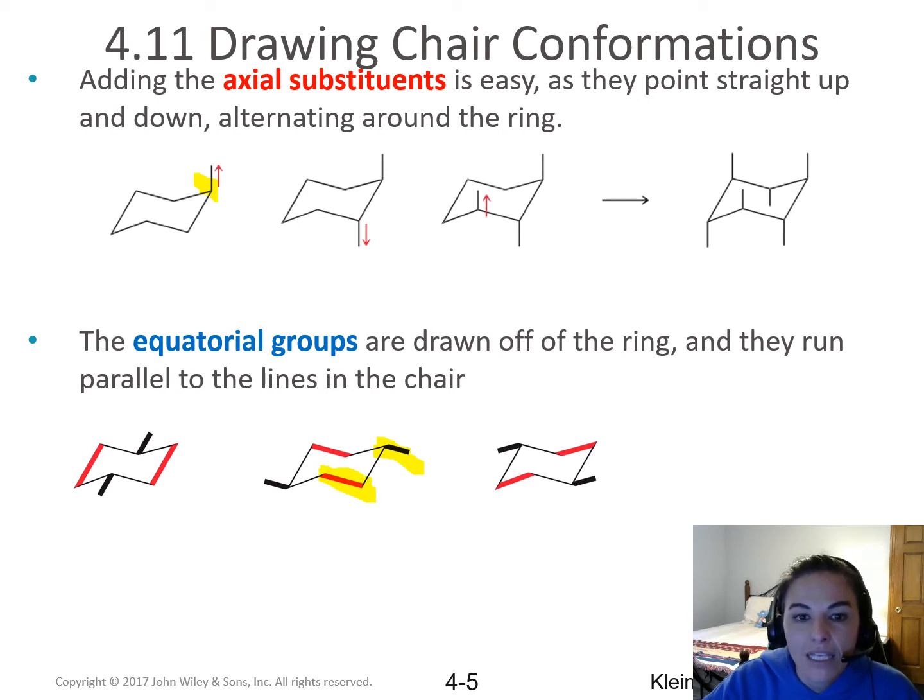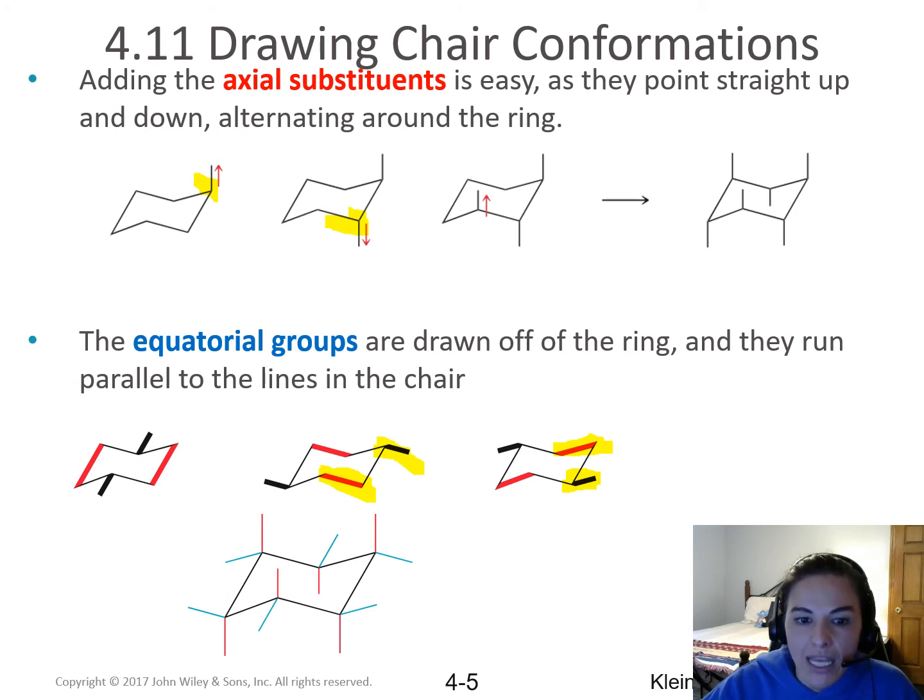My second carbon had an axial bond that was pointing down, so my equatorial bond will be pointing upwards, and it will be running parallel to this line right here. You can see that I'm pointing them away from the ring, in the opposite direction that my axial bond was pointing. Once you go around the ring and get them all drawn in, this is what your ring should look like with all of the bonds drawn out.